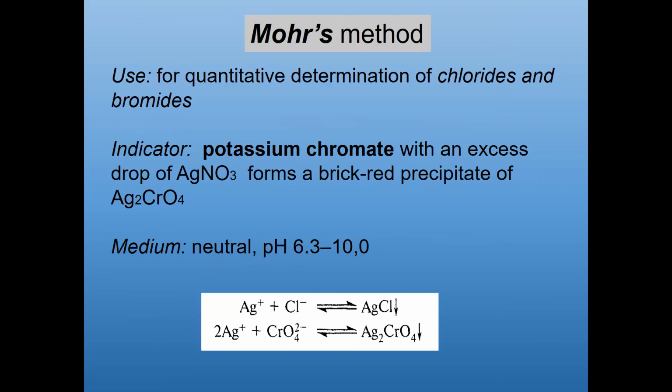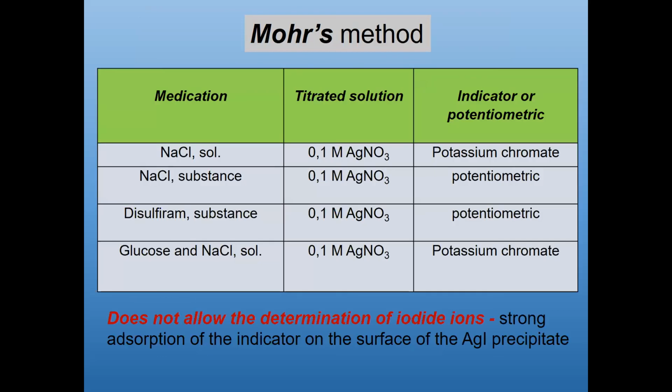The method of Mohr is used for quantitative determination of chlorides and bromides. Indicator: potassium chromate. This titration method is used to quantify sodium chloride, and does not allow the determination of iodide ions.